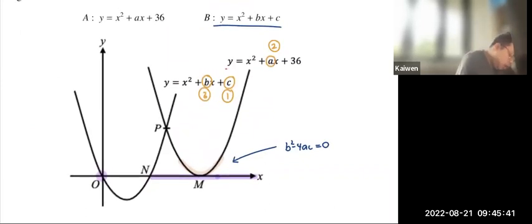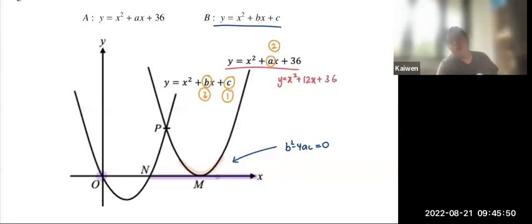Let's say you were to choose A as a positive number here, so y is equal to x squared plus 12x plus 36. Your next job will be to search out for M. At M, we know that y equals to 0. So we're going to factorize this equation, and we're going to be left with x plus 6 squared.